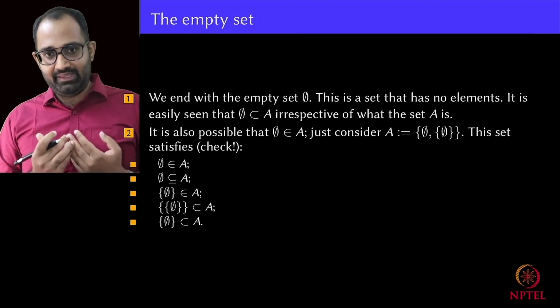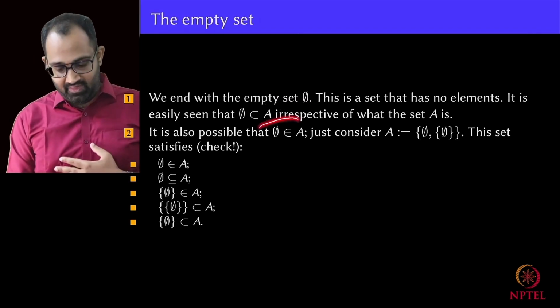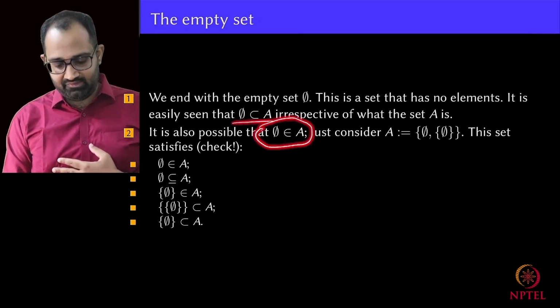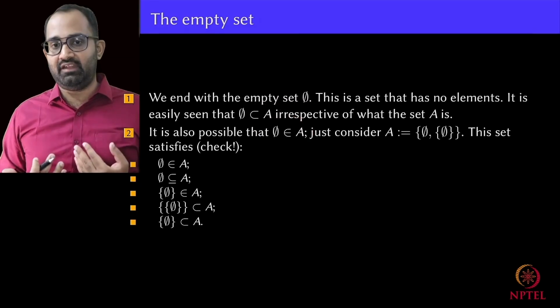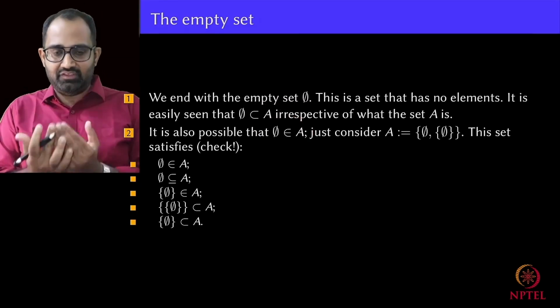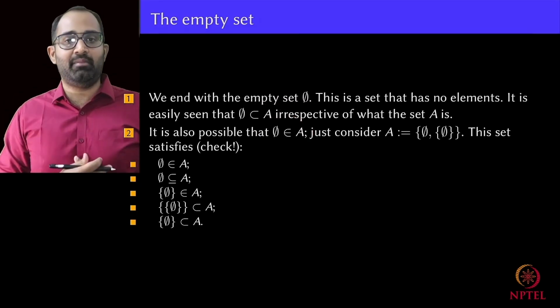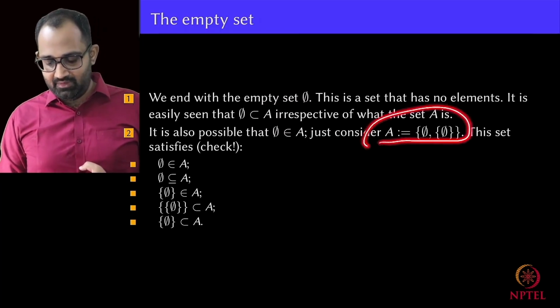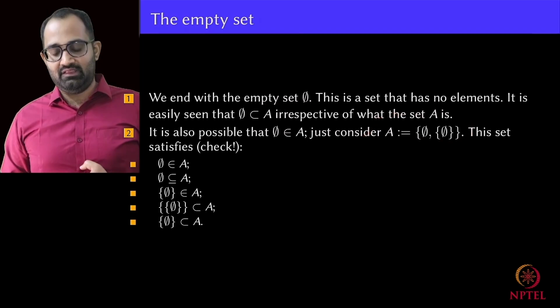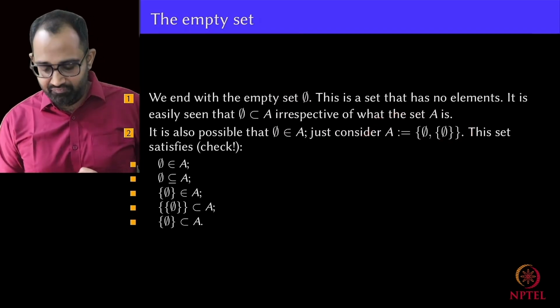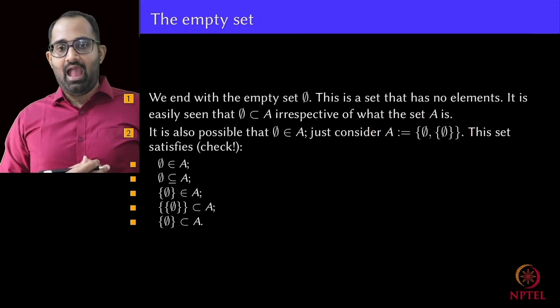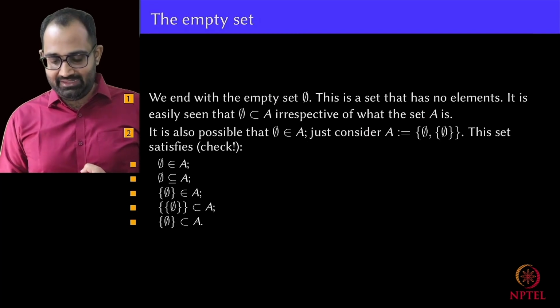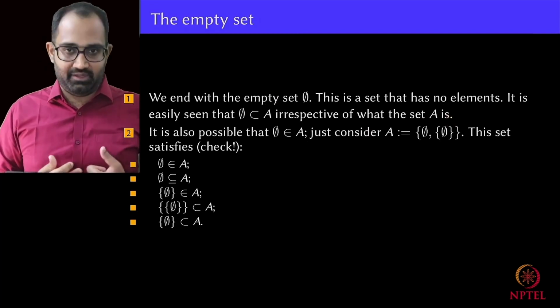The empty set can be an element of other sets. Even though the empty set is a subset of every other set and the empty set itself has no elements, it can be an element of other sets. For instance, just consider the set A, which is by definition the set that consists of the empty set, and the second element of this set is the set that contains the empty set.